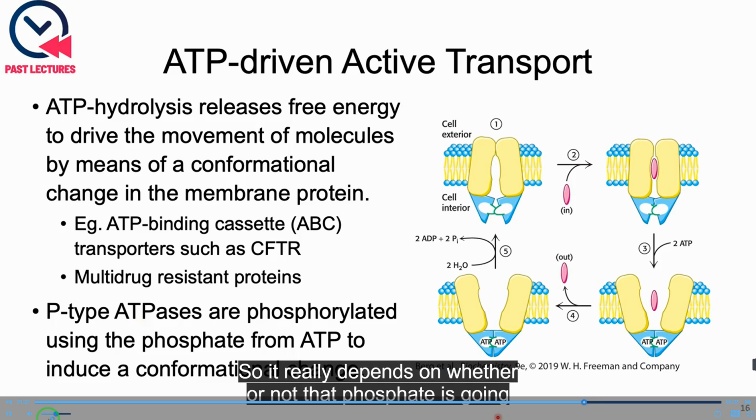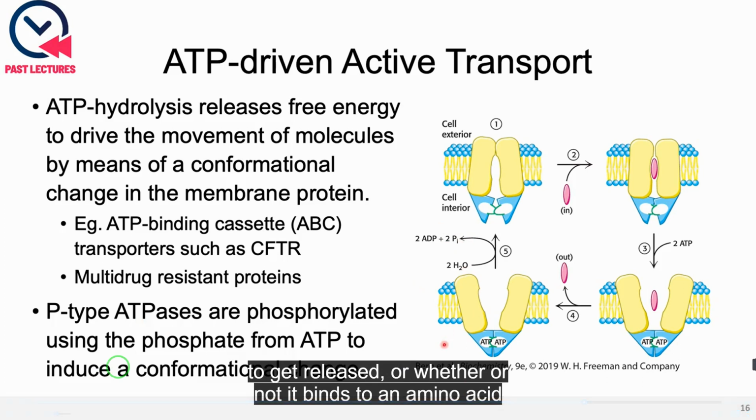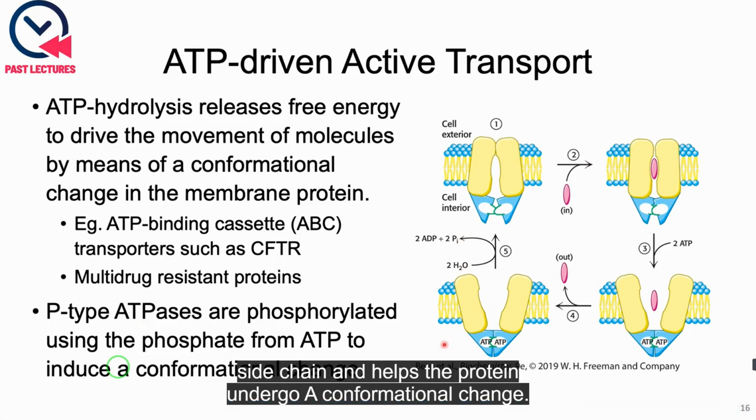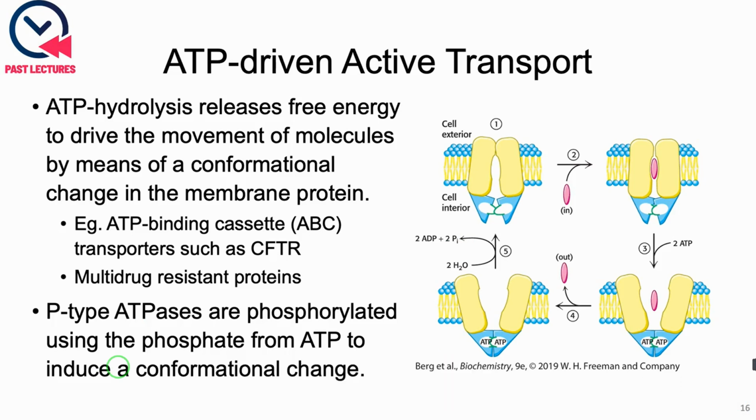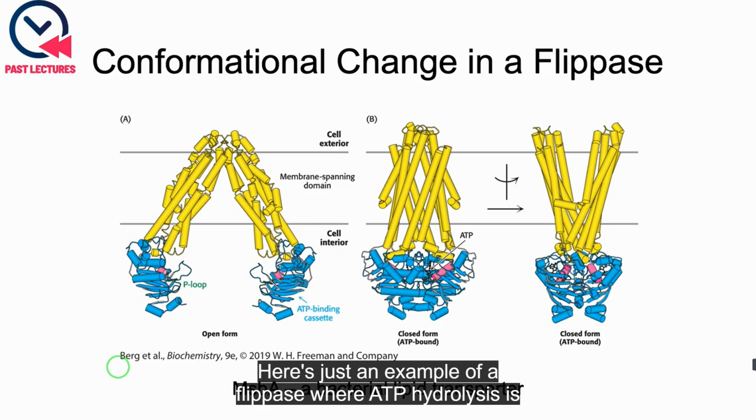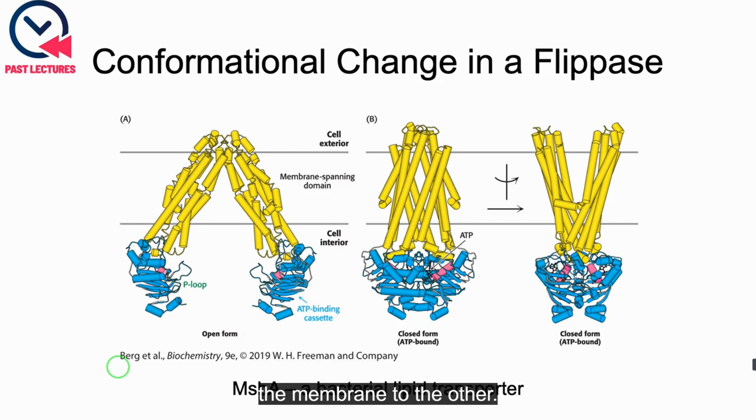So it really depends on whether or not that phosphate is going to get released, or whether or not it binds to an amino acid side chain and helps the protein undergo a conformational change. Here's just an example of a flipase where ATP hydrolysis is helping to change the conformation of the structure, allowing for the movement of a phospholipid from one side of the membrane to the other.